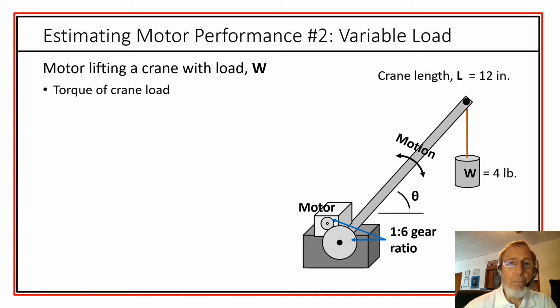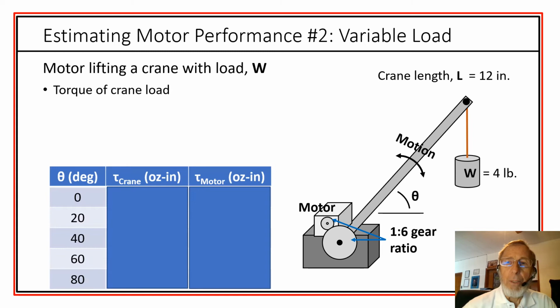The torque then of this crane load can be calculated, but note that it's not going to be constant because the lever arm out to that load changes as the inclination of this crane changes. So we'll look at the torque as theta, that angle of inclination, changes.